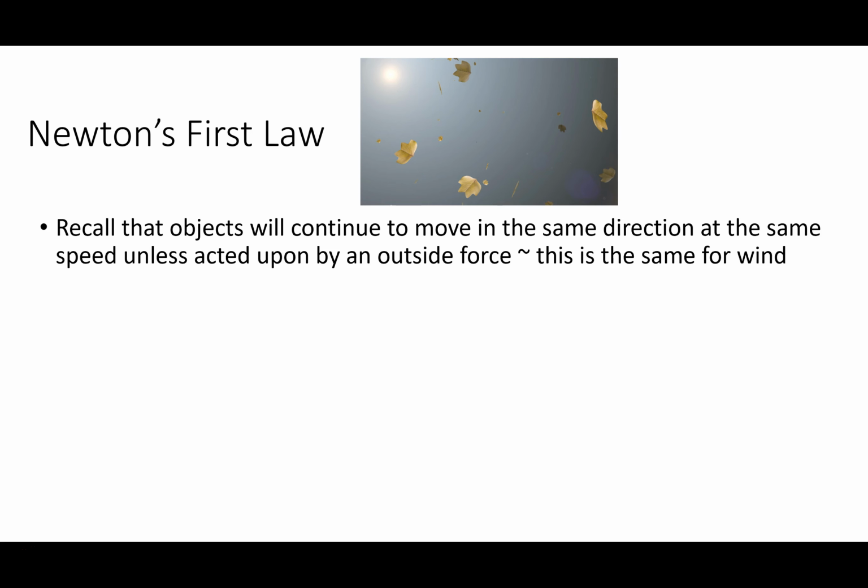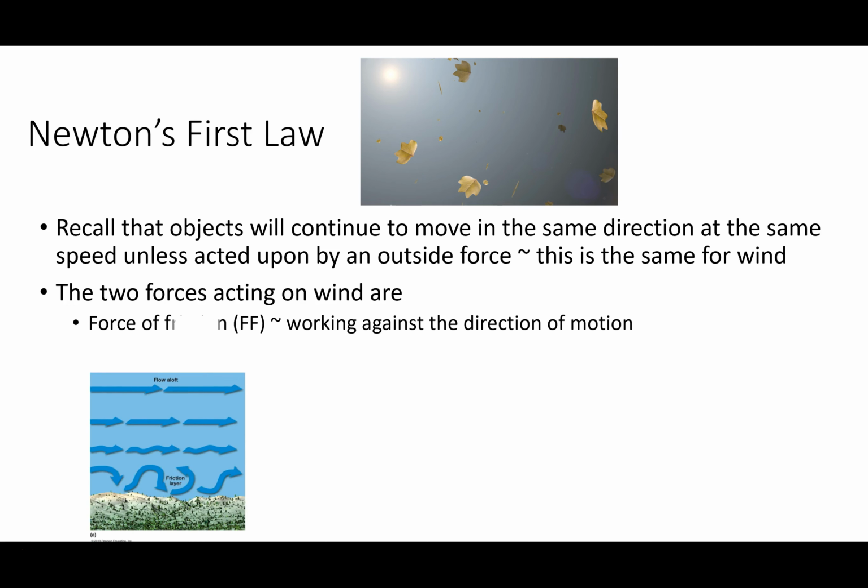And this is kind of what we can see in the wind. Newton said that we have this wind flowing at a certain speed. Aloft means upper elevations, so wind goes faster at upper elevations. We do this in physics, where the length of the arrow tells how fast it is.